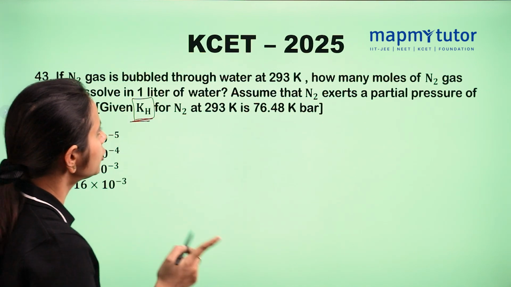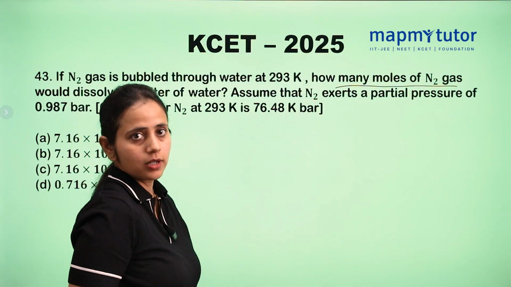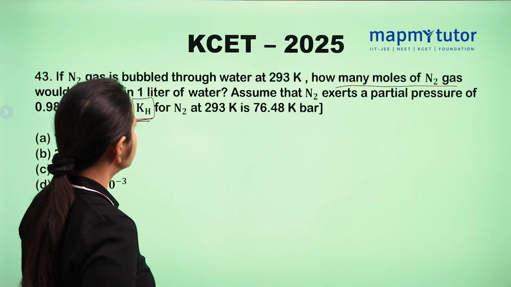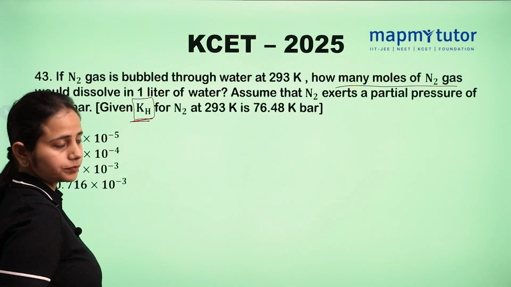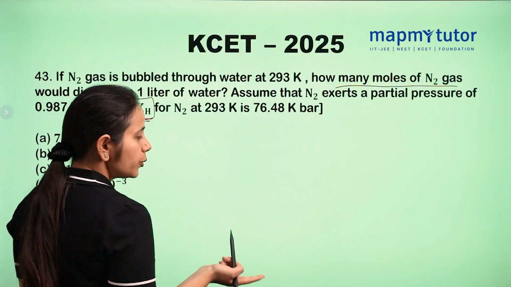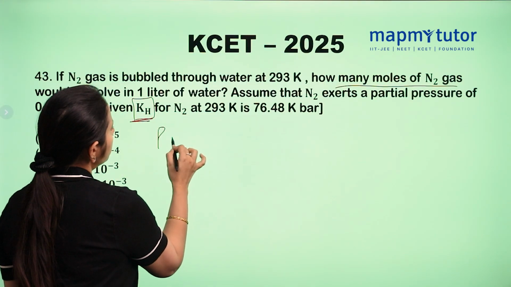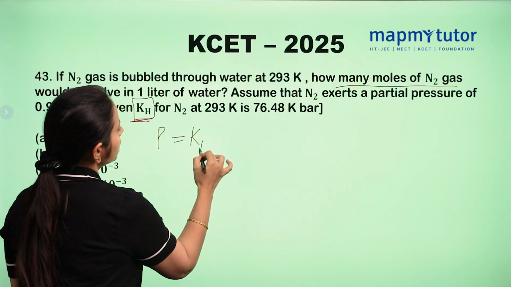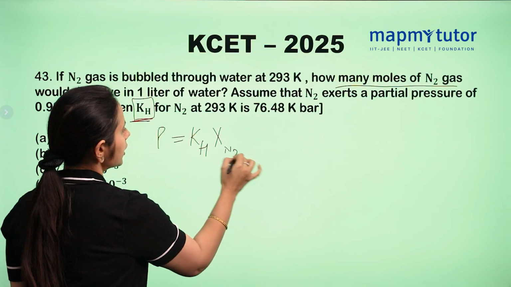And here we need to calculate the number of moles of nitrogen gas. How will we calculate the number of moles of nitrogen gas which is dissolved in water? See, we will apply Henry law. According to Henry law, p is for pressure, Kh is Henry constant and x is the mole fraction. This mole fraction is for the nitrogen gas.